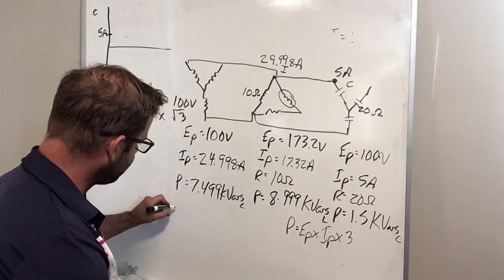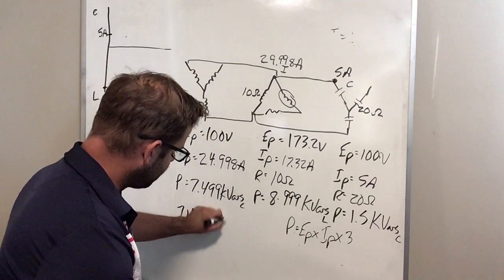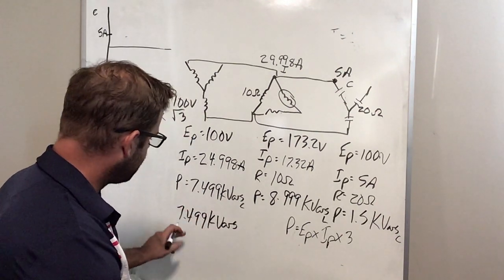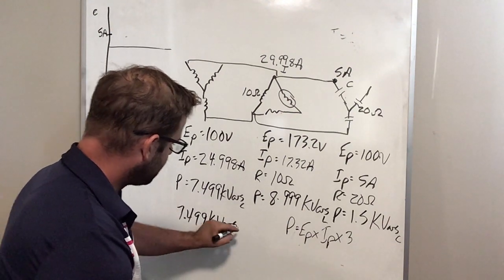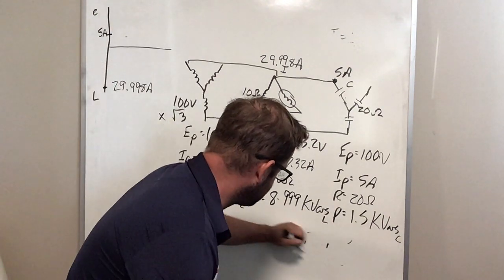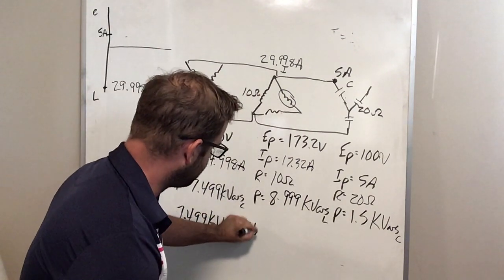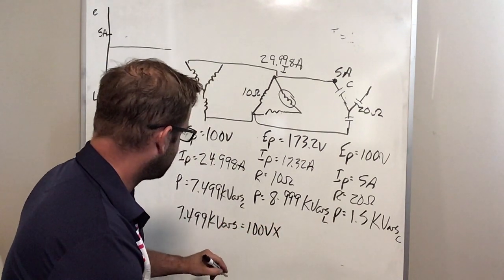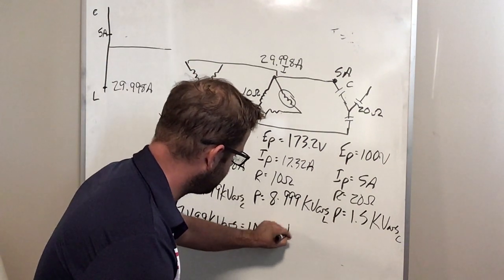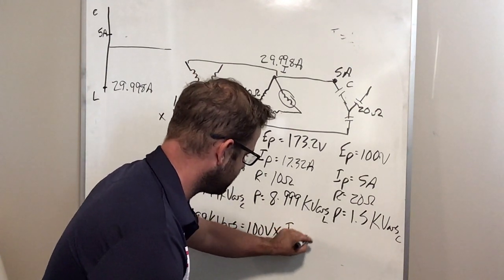We know we have 7.499 kVARs for our total power, and that is equal to my volts, 100 volts, times my current, IP, times 3.